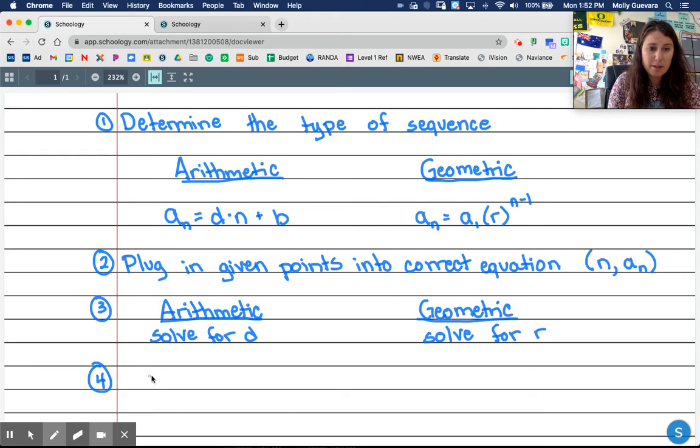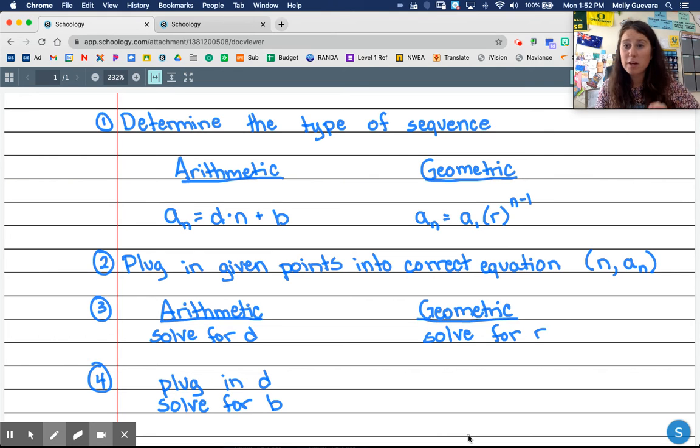The next step is step 4, and if it's arithmetic, you're going to plug in d and then solve for b. Okay, so you plug in whatever value of d you got and then solve, and get b by itself.